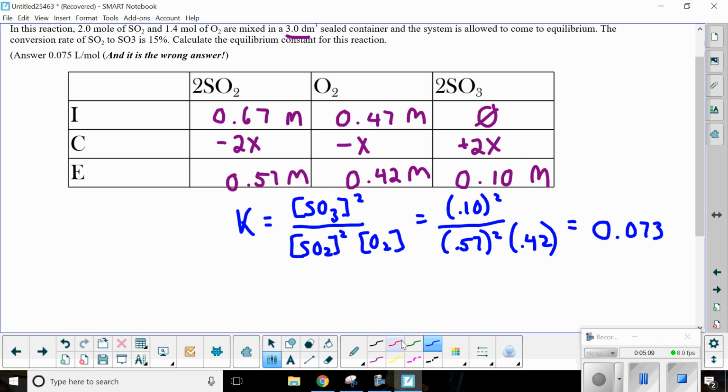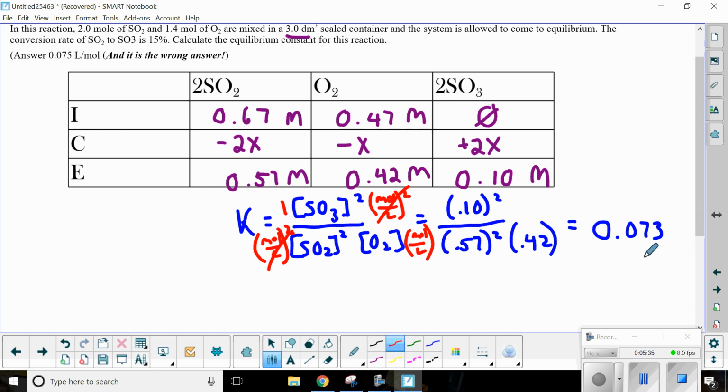I'm going to look at units now. So with my units, I'll see here that this is going to be a moles per liter squared. This is going to be a moles per liter squared. This is going to be a moles per liter. So the moles per liter squared cancels out, leaving me with a 1 on the numerator.